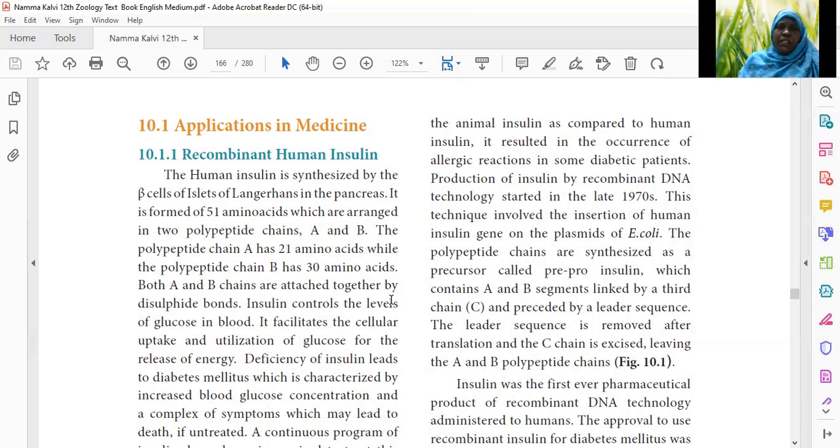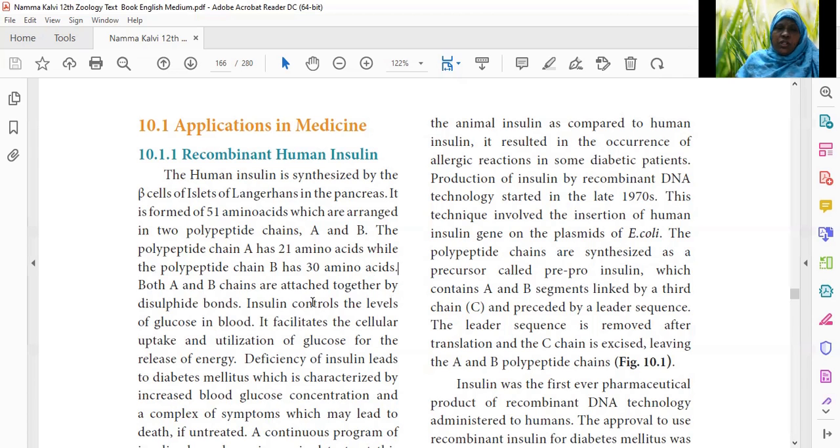What will happen if insulin is deficient in our body? Naturally, when insulin is not available or is secreted in lesser quantity, the blood glucose level will increase. When glucose level in the blood increases, it leads to complications and it may lead to death if not treated.